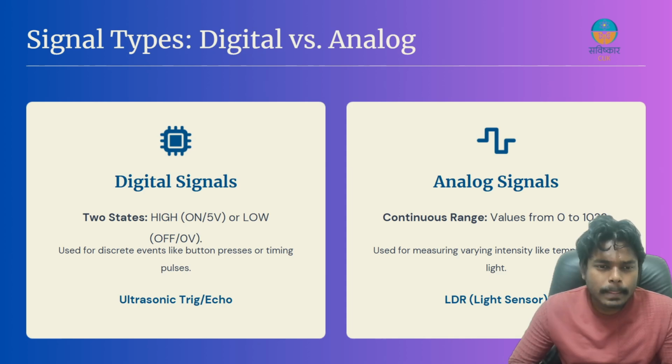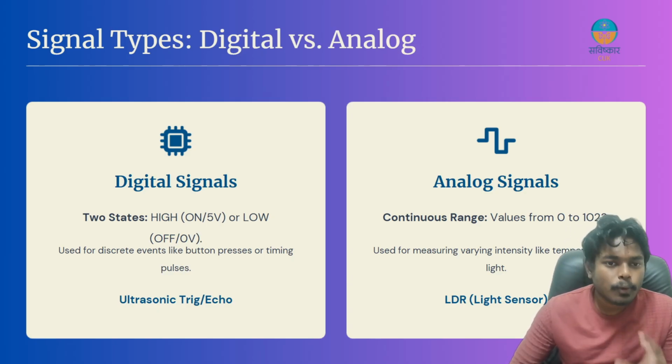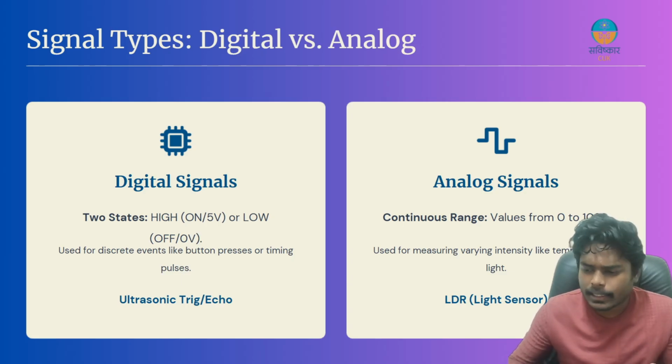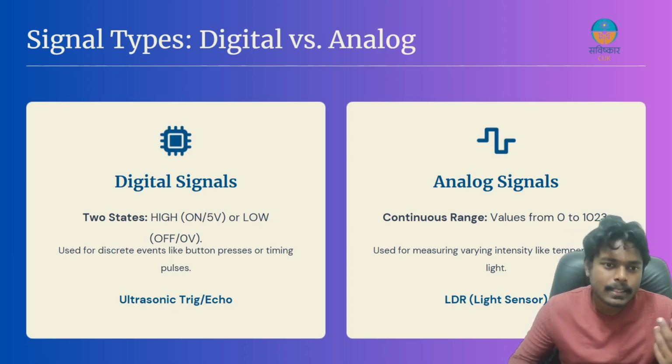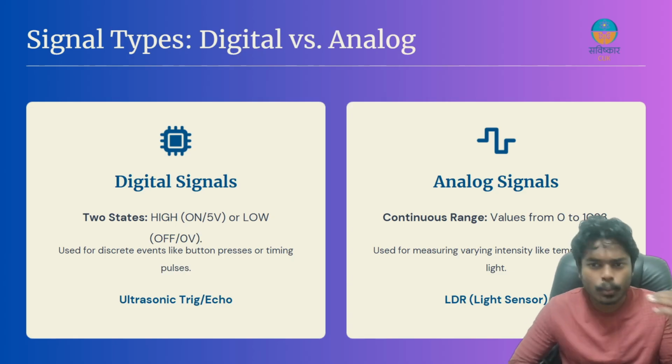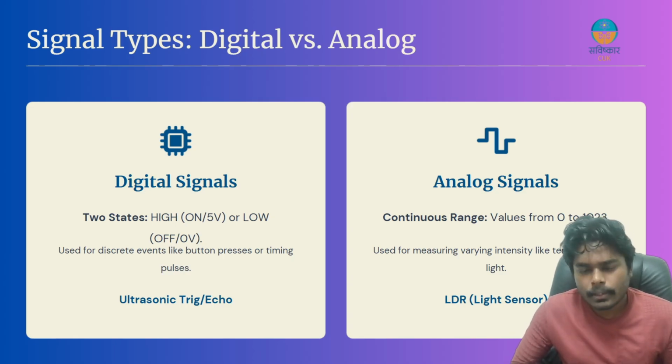So it basically uses a discrete event like button pressing or timing pulses. If you talk about the ultrasonic sensor, it has four pins. We will see those four pins, and it generates a pulse of signal which has a high, low range of signals, right?